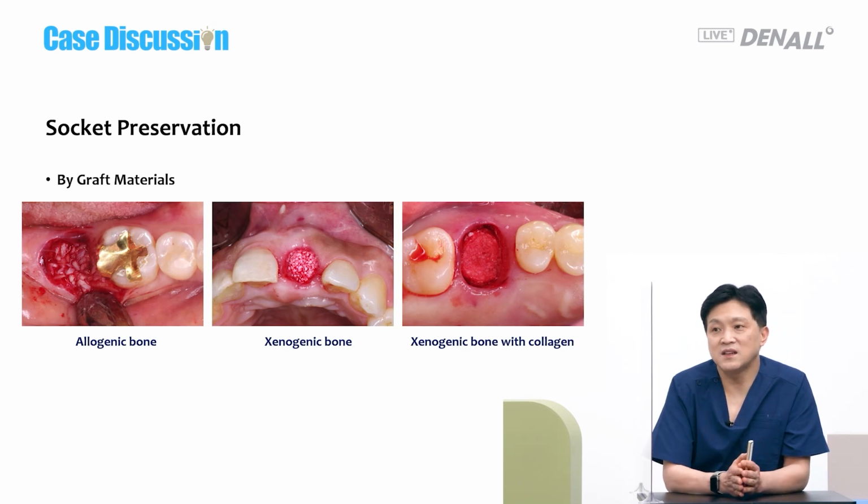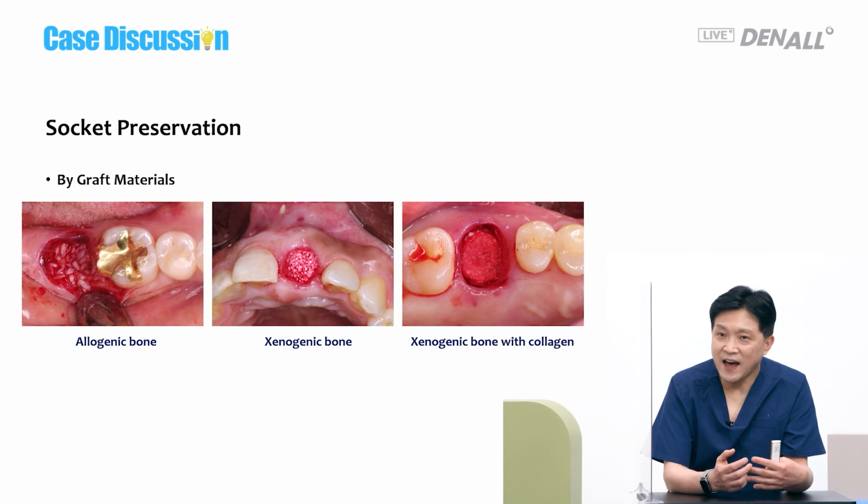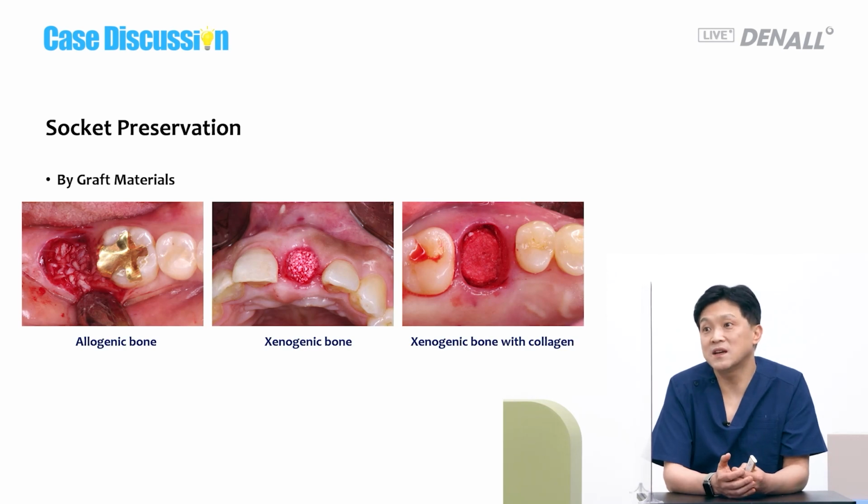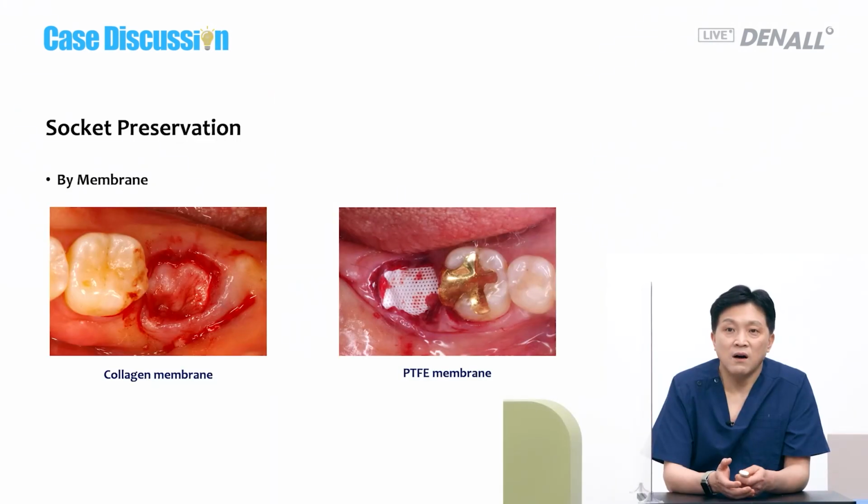Ultimately, the bone quality would be better with allogenic bone, but after all the remodeling is finished, over a long period of time, the three bone materials achieve similar bone quality. That's what I think recently. In the past, I absolutely believed allogenic bone was better, but now I believe they don't really make big differences. Depending on the socket situation, we need to select different graft materials.